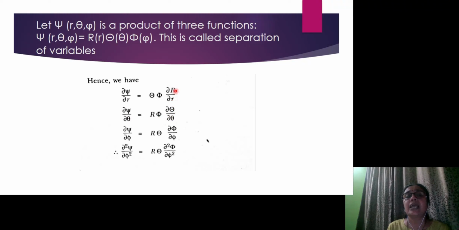Please remember that capital letters denote the functions whereas small letters denote the variables. So whenever you are writing, please be careful that you use proper notations. So del psi by del phi is R into Theta into del Phi by del phi. Therefore the double derivative, del square psi by del phi square, is R Theta del square Phi by del phi square. This is by the rules of partial derivatives.